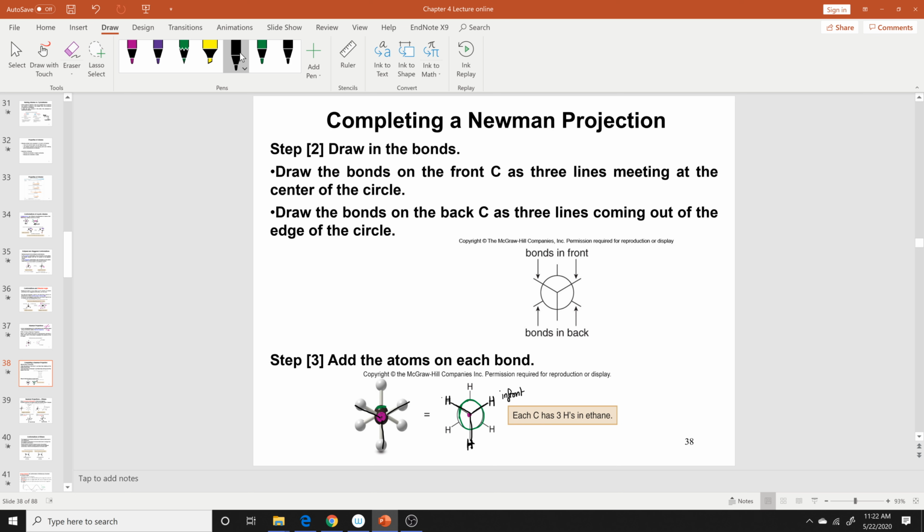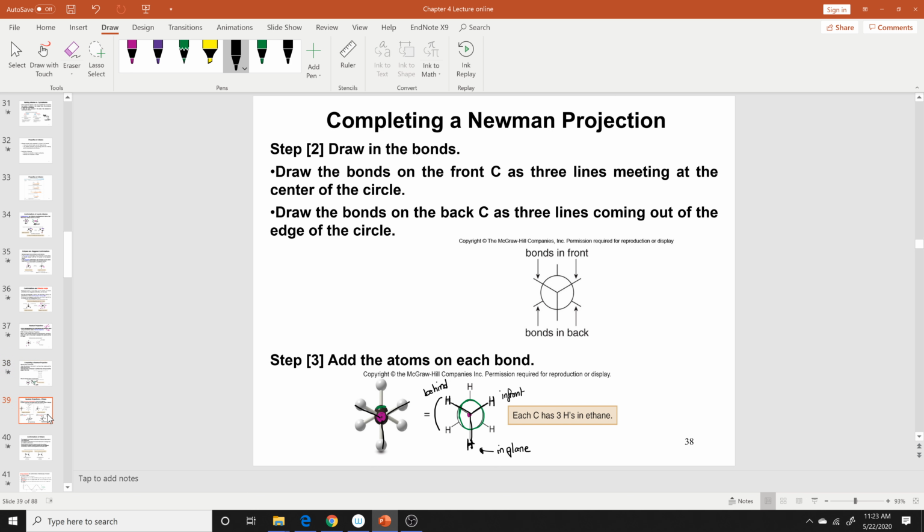Any groups that are pointing behind are going to go on that side. And any groups that are pointing in plane are going to go on this vertical line. Okay, so these hydrogens in here, they represent the groups that are pointing in plane.